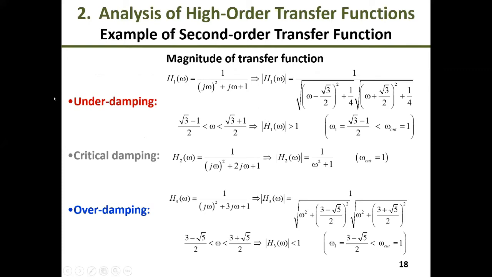In case of the underdamping region, we can see that the magnitude is greater than 1. It means that the gain of this transfer function will amplify the high order harmonics of the input signal around the cutoff frequency.